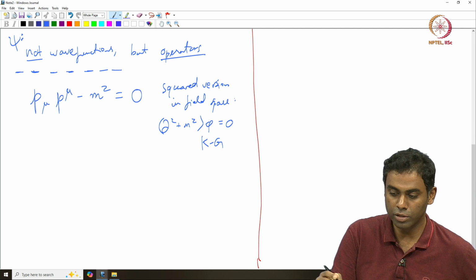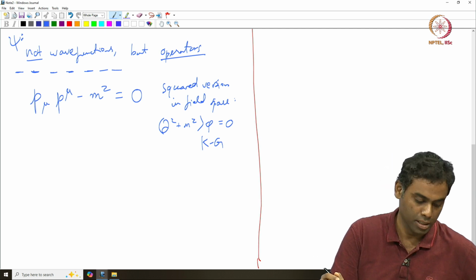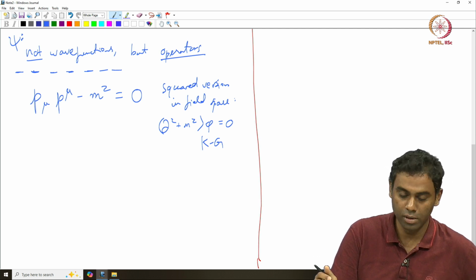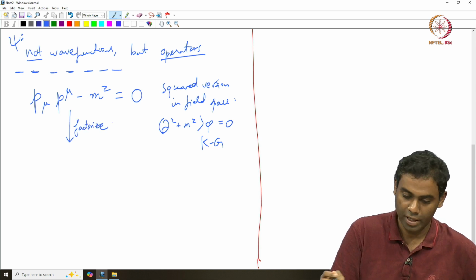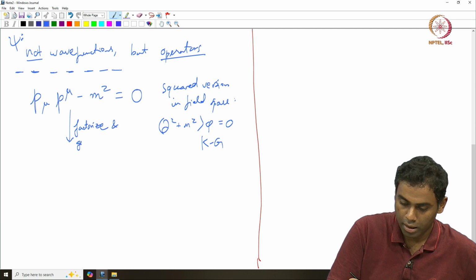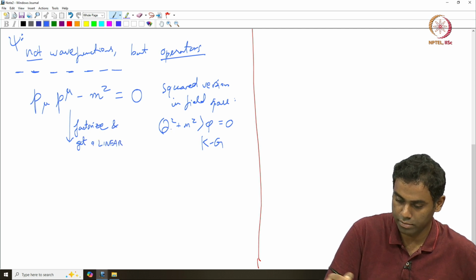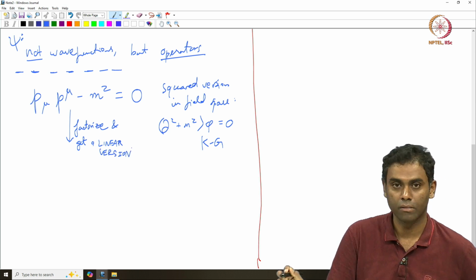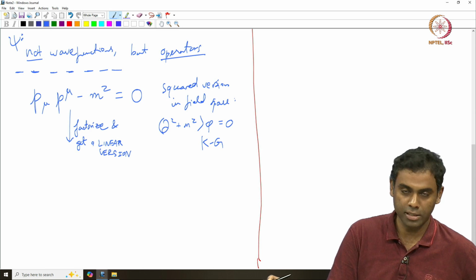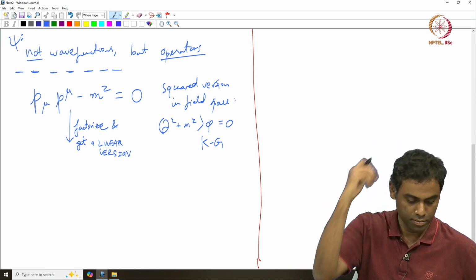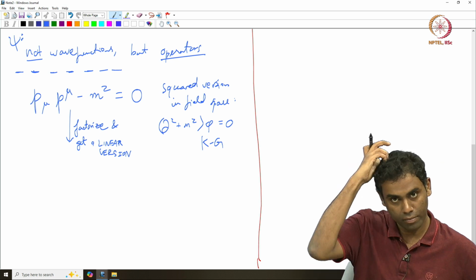So, instead of just using the squared version, he asked if it is possible to factorize this, and get a linear version of this, not a quadratic version like here. That is what he sought to do. Let us see if we can do this. Can we linearize this?